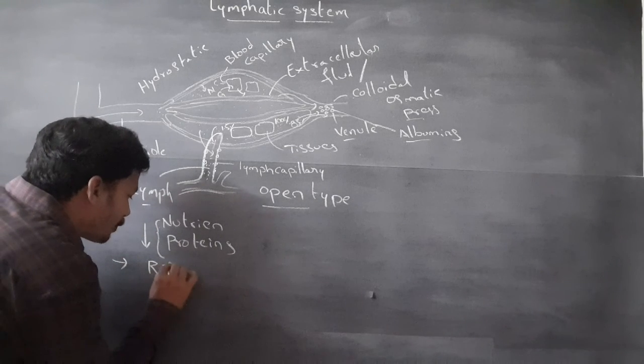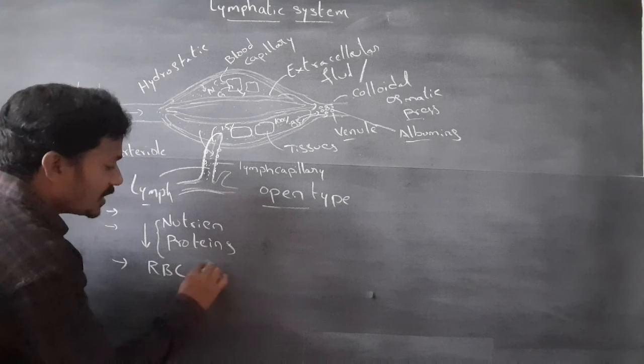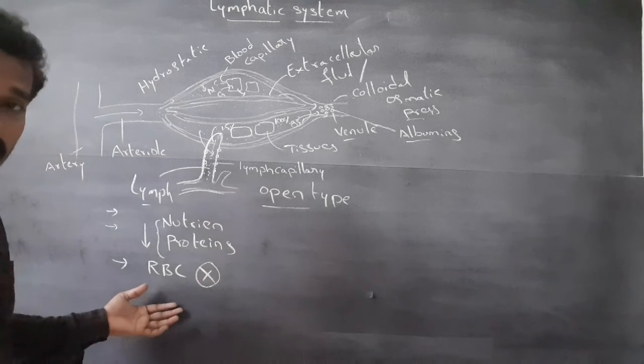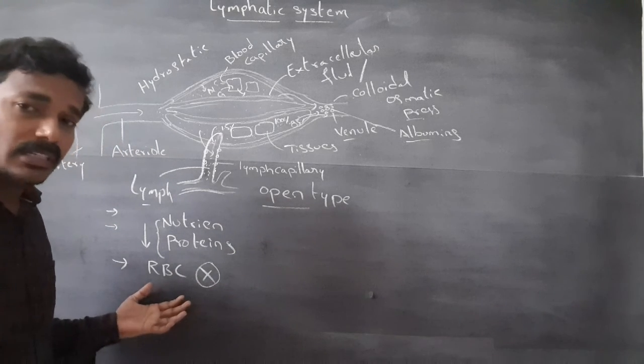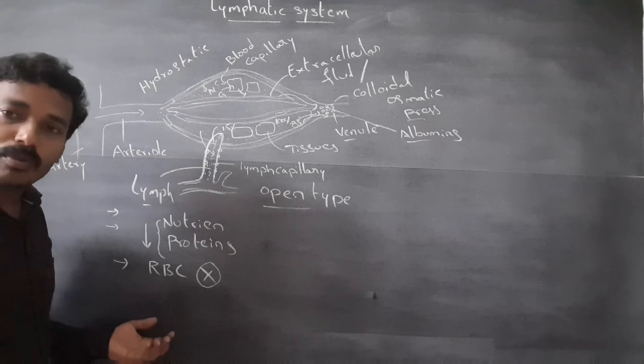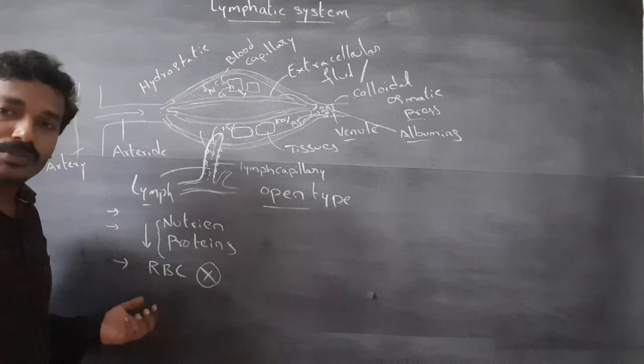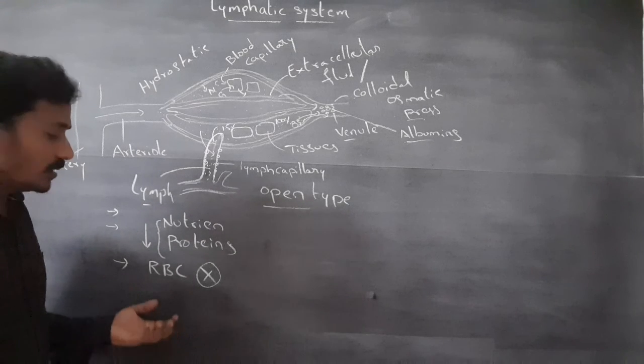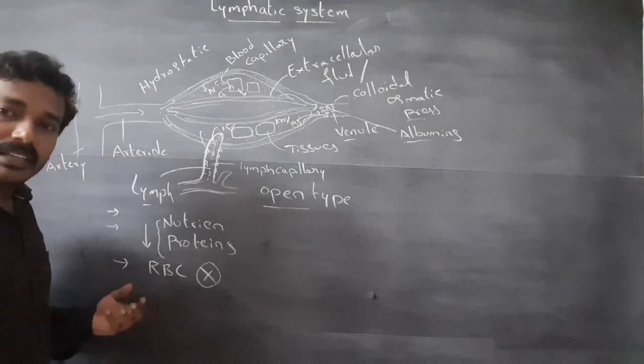RBCs are absent in the lymph. Lymph contains water, some plasma proteins, electrolytes, nutrients, enzymes, antibodies, and lymphocytes.